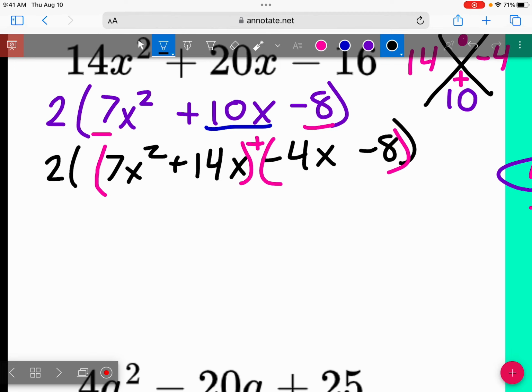So if I just look at 7x squared plus 14x, what is common in there? 7x, right? So I could write this pair as 7x times x plus 2, right?